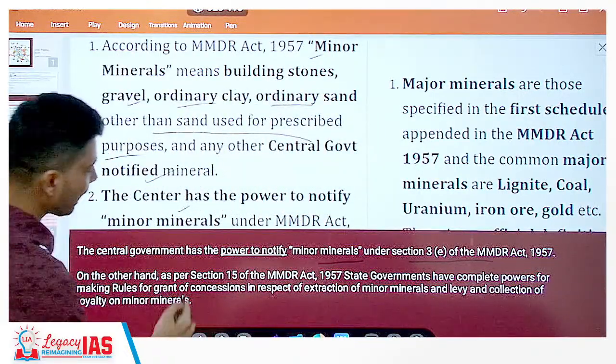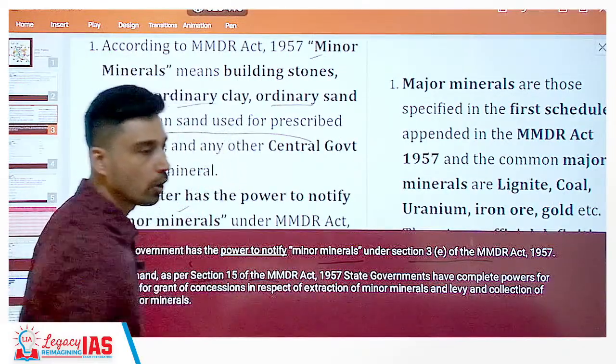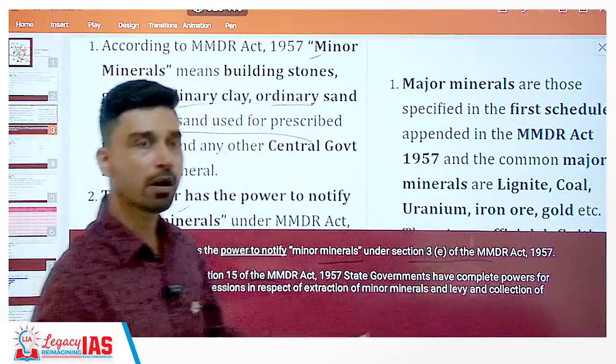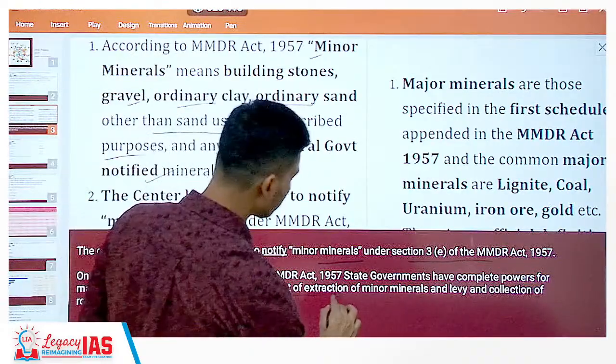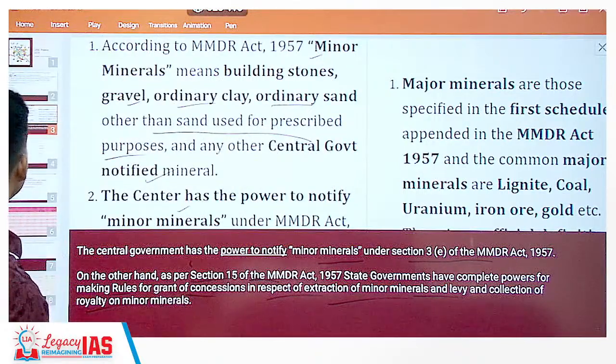On the other hand, as per the same act, if we take a look at section 15 of the MMDR Act, it says that the state governments have complete powers for making rules for the grant of concessions in respect of the extraction of minor minerals and the levy and collection of royalty on minor minerals.